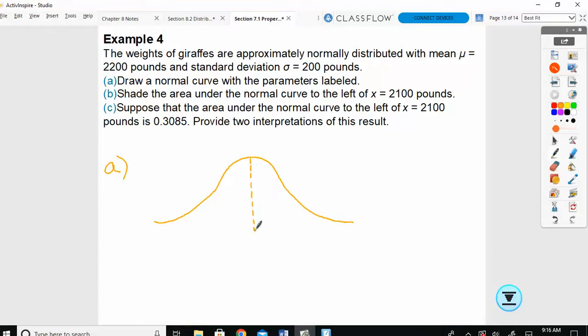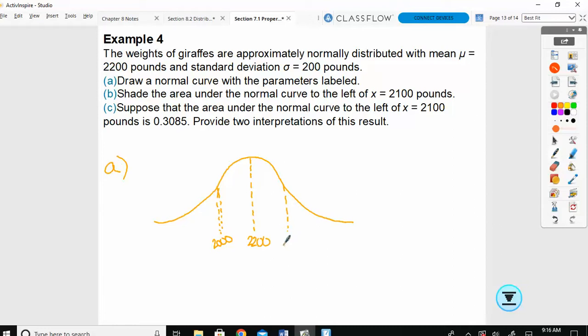My parameters, I'm wanting you to basically label your mean and the first standard deviation. So my mean is 2,200. All right, if the standard deviation is 200, then what is this value down here?